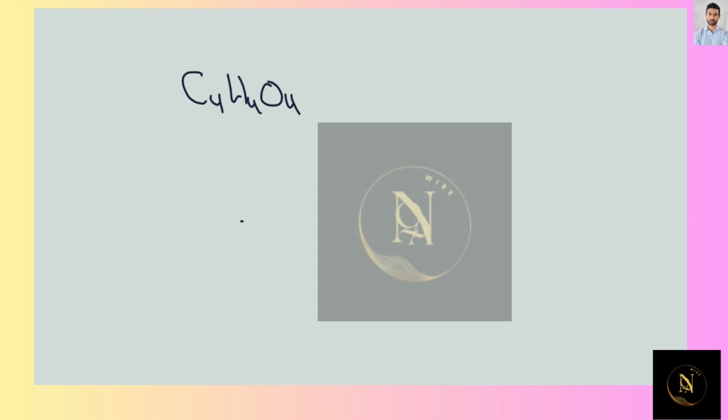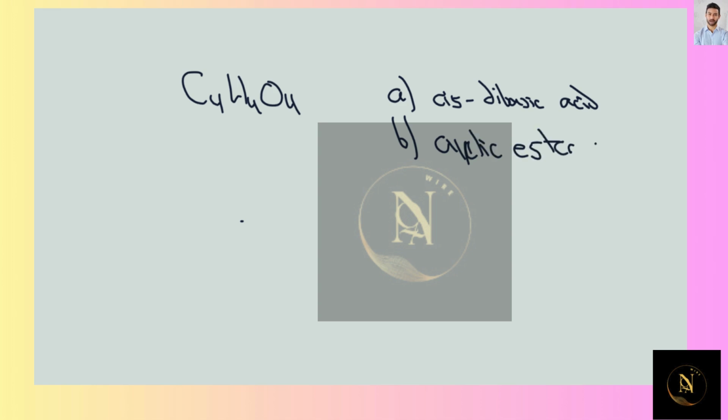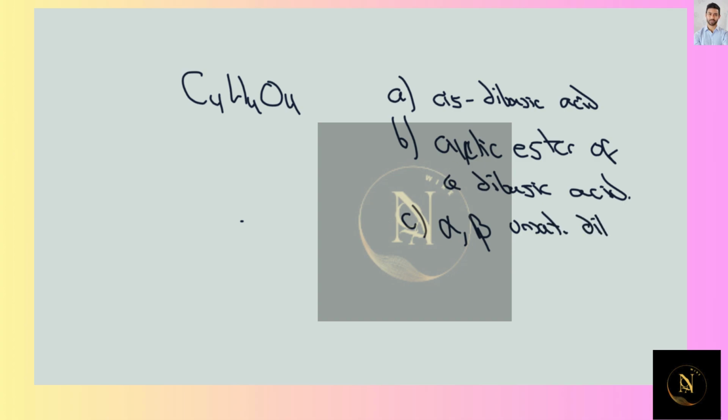In this case, the ones that are given to us are: A, a cis-dibasic acid, B, a cyclic ester of fatty basic acid, C, an alpha beta unsaturated dibasic acid, and D, an ester with a keto group.